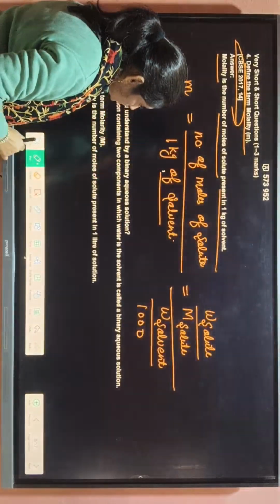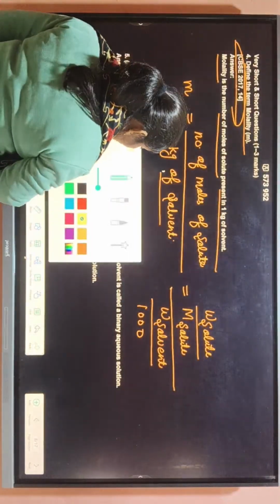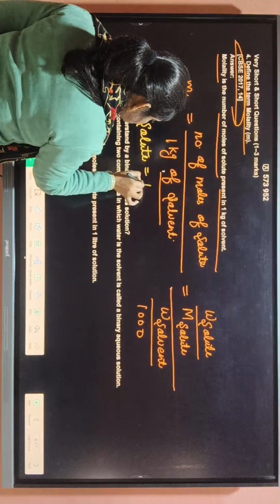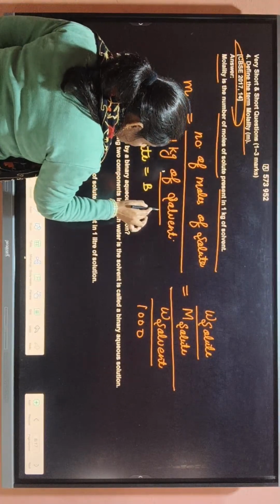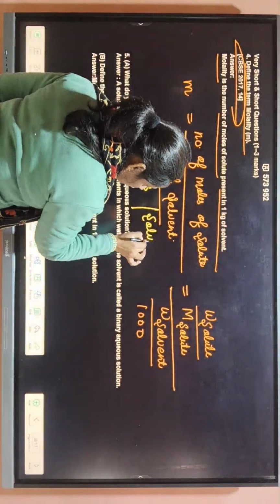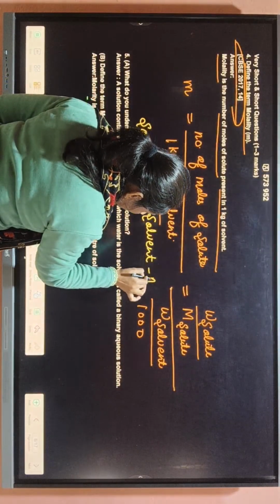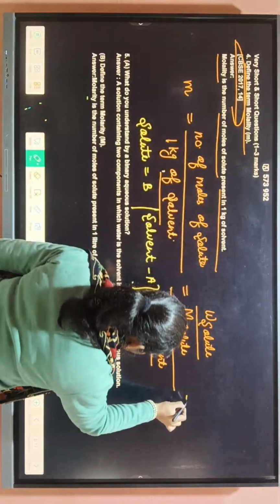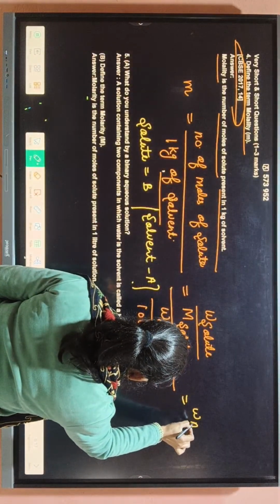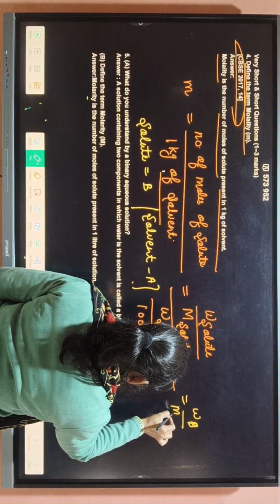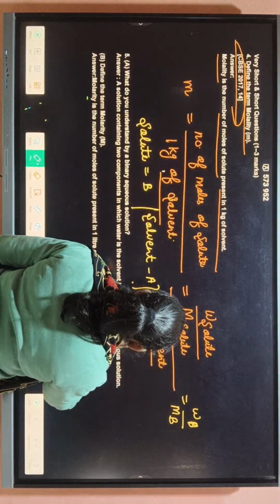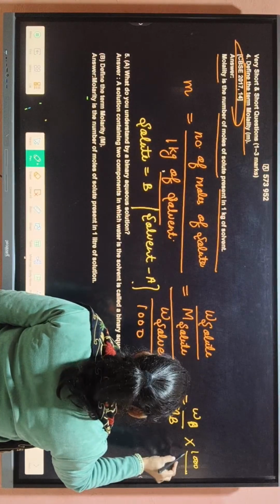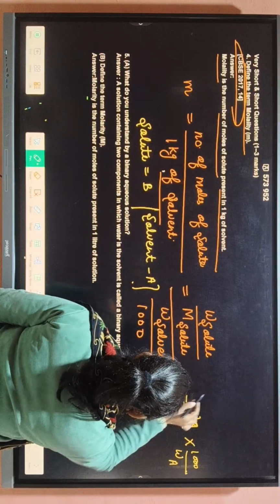Let us consider our solute is B and our solvent is A. Okay, so students, we can write like this also: given mass of solute divided by molar mass of solute, and this 1000 we will take inside, divided by given mass of the solvent.